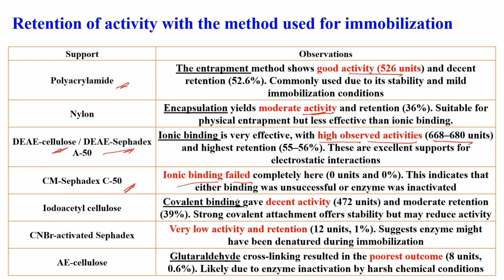This indicates that either binding was unsuccessful or enzyme got inactivated during the immobilization process. Similarly, for these two cases also one can see here that enzyme got denatured or inactivated due to the immobilization process.